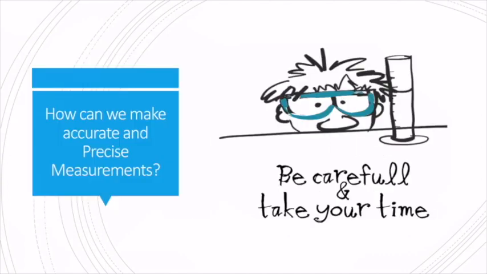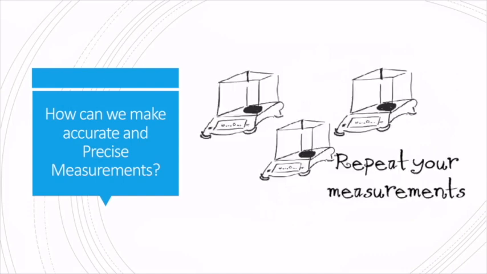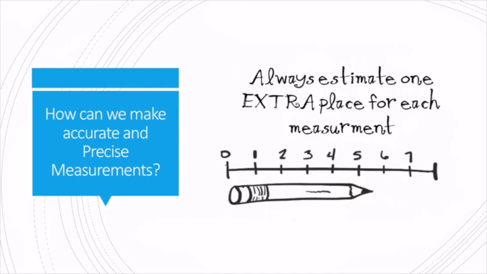So how can we make sure that our measurements are accurate and precise? The first way is to be careful and take your time. Double check your measurements and take care of your equipment. Repeat your measurements, so measure things more than one time. And always estimate one extra place for each measurement.